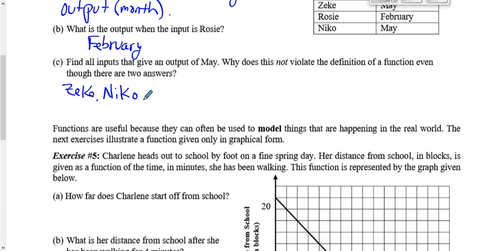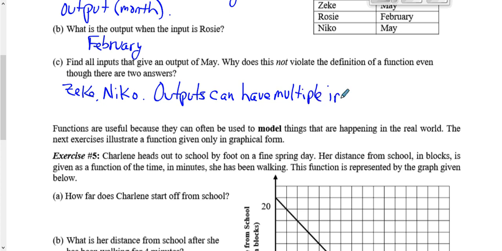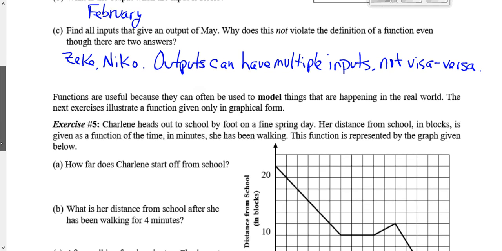Okay, so outputs can have multiple inputs, but not vice versa. You know what that means, right? Not the other way around. Okay? It's Latin, by the way. I thought it was visa versa. Okay?